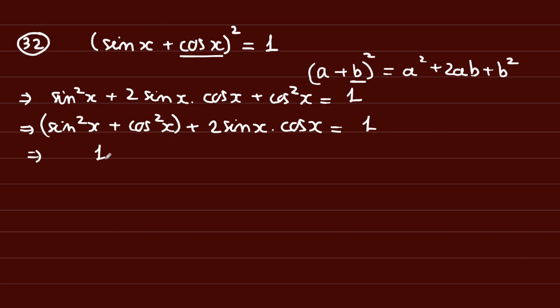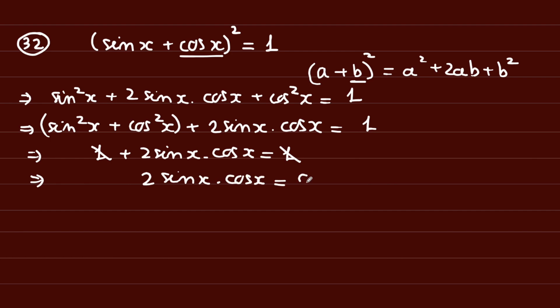Back to the formula I gave you in question 20. After that, you get the new trigonometric equation like this one. The left hand side and the right hand side both have a 1, so we can cancel it like this. After that, you get 2 sine h cos h equal to 0.